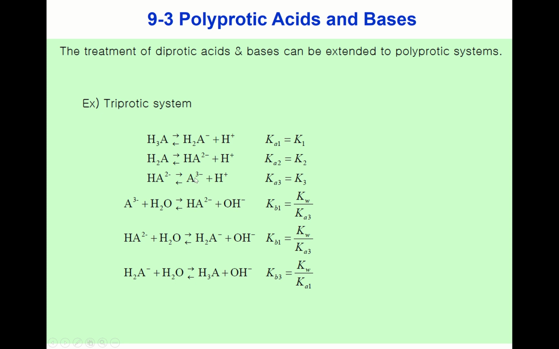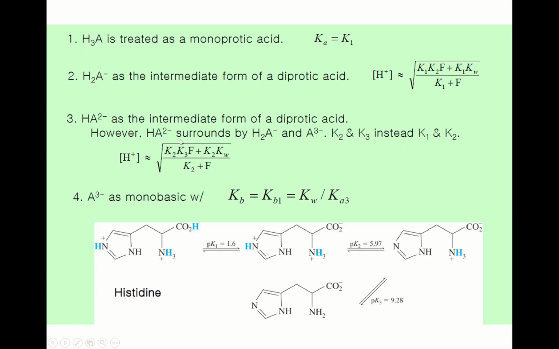So in this case we use Ka2 and Ka3 to calculate the pH, okay, here, right? You understand? So the proton concentration is calculated by using Ka2 or K2, K3. All right, that's the idea.